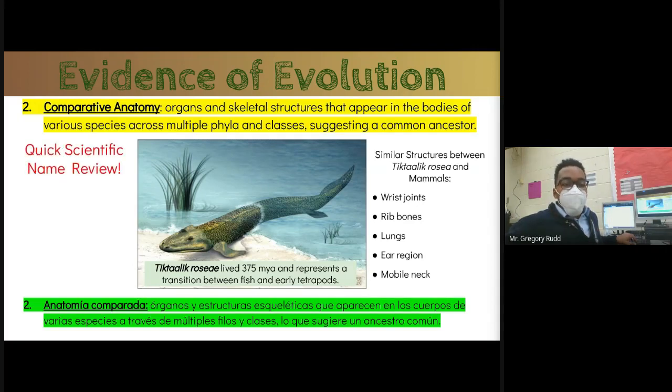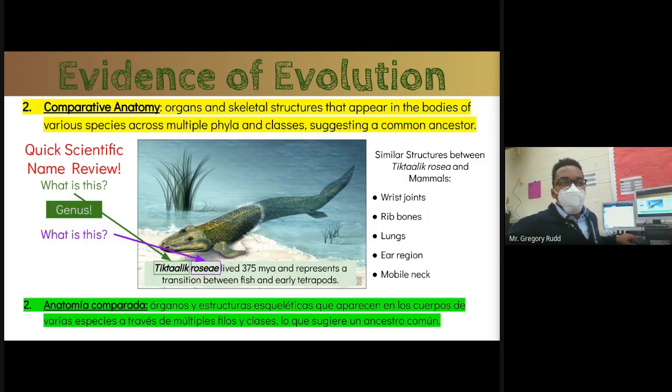All right, so let's do a quick scientific name review. What is that portion of the name? What does that represent? Tiktaalik. Which of the 8 levels of classification is it? We just talked about this on Monday. It's the genus. Thank you, Rudy. And then, what is that portion of the name? Roseae.